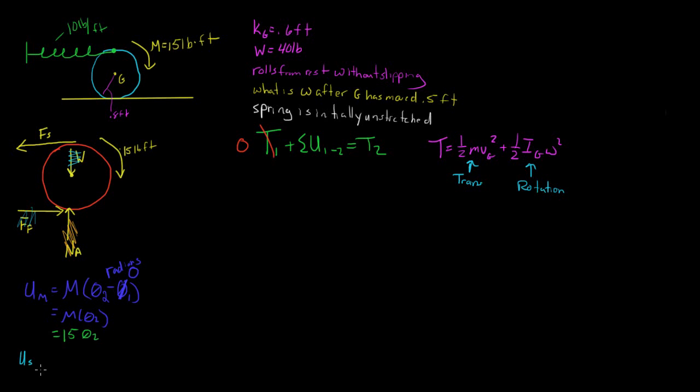Now, what's the work done by our spring? Well, the work done by our spring is going to be equal to minus 1/2 times our spring constant, which is 10, times s, the amount that our spring is compressed or stretched past its unstretched position.